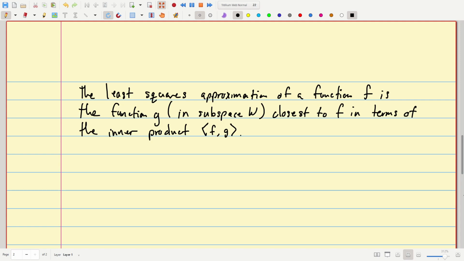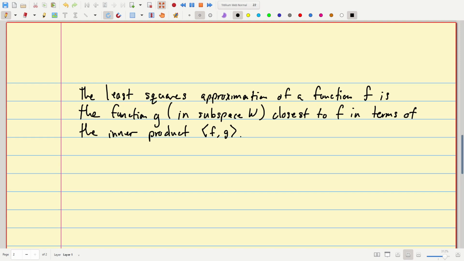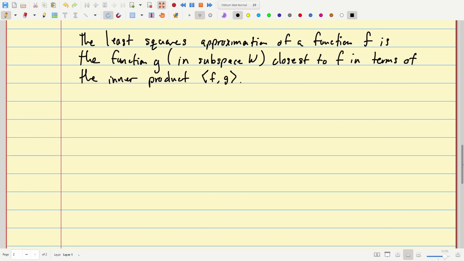All right, so true or false? The least squares approximation of a function f is the function g in a subspace W closest to f in terms of the inner product between f and g.